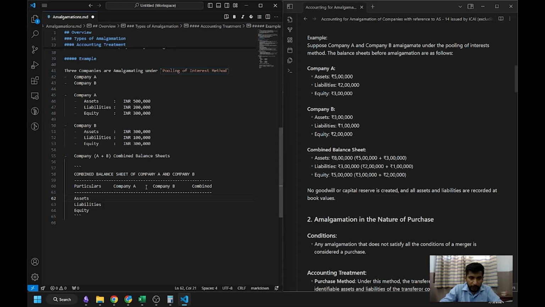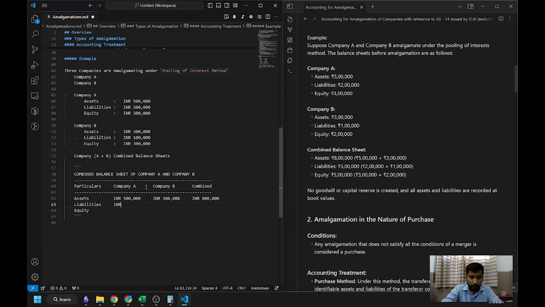The assets of company A amount to rupees 5 lakhs. The assets of company B amount to rupees 3 lakhs. The combined assets will be 5 lakhs plus 3 lakhs, that is rupees 8 lakhs.